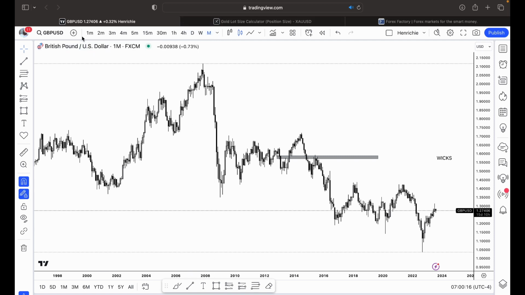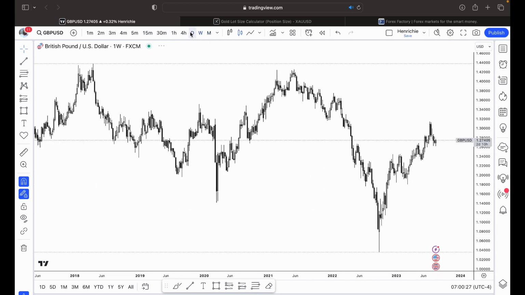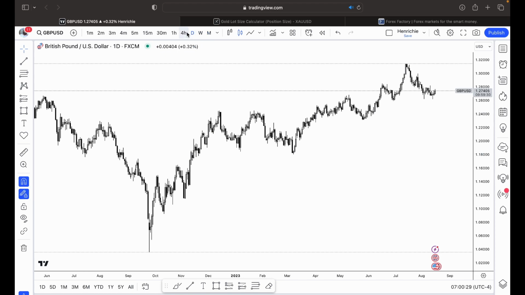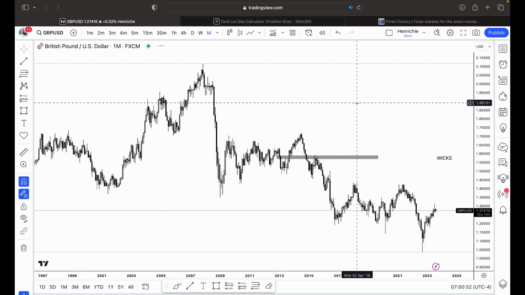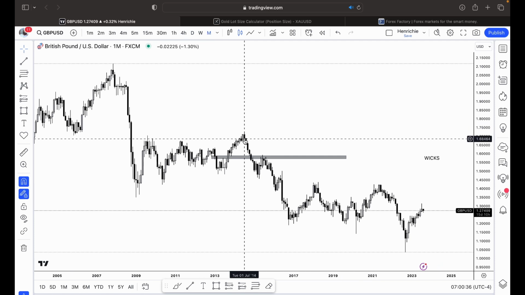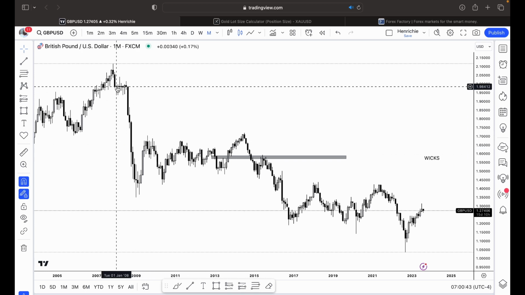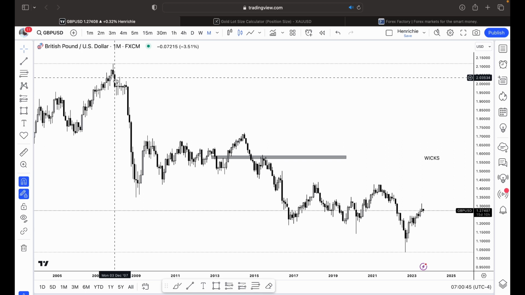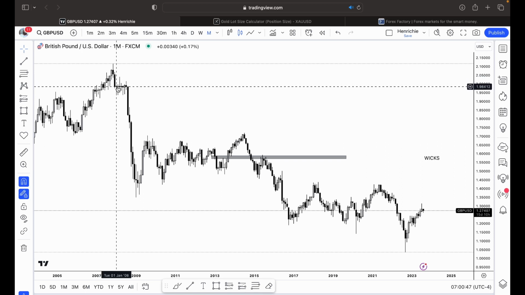So we'll show you how to go through your time frame. So here is the monthly time frame, and here is the weekly time frame, and here is the daily time frame. So in the monthly time frame, every single candlestick is 1 month's price movement.